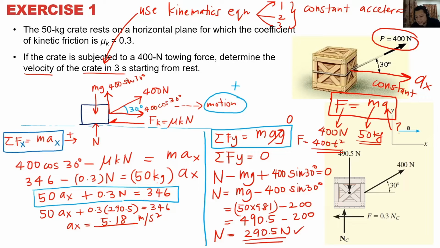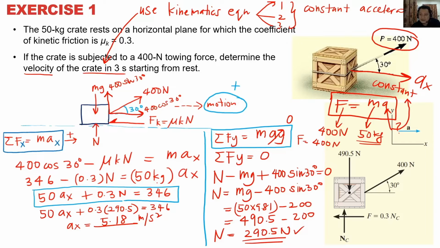Dia berubah dengan time. 1 second 400 Newton. Second jadi 800 Newton. Different story already. So in this case, it's 400 Newton. Constant. So everything is constant. Acceleration also constant.